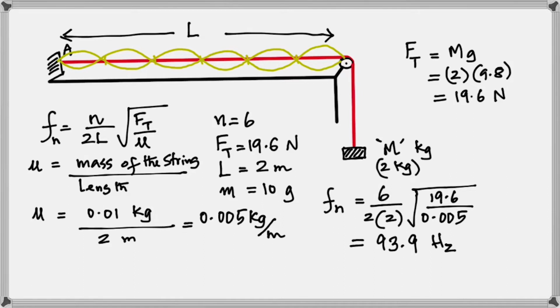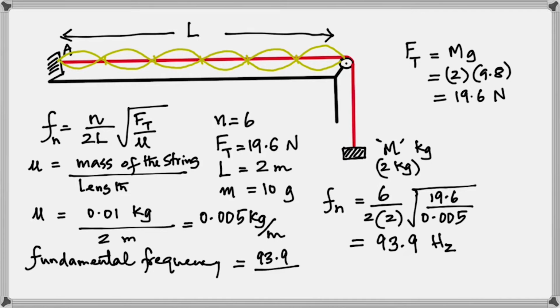And that is called the fundamental frequency. So write down, fundamental frequency means the lowest frequency. In this case, the fundamental frequency would be 93.9 divided by 6.